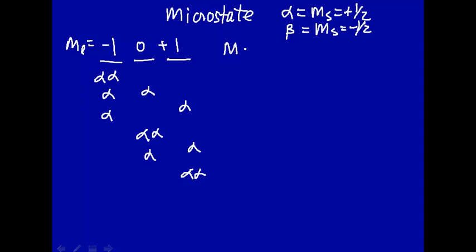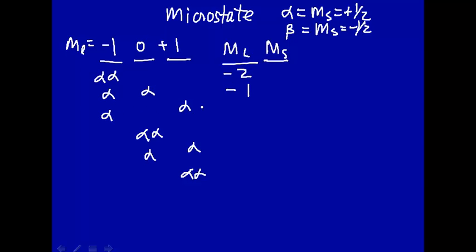And let's figure out big M sub L and big M sub S for each one of these combinations, what the possible values of M sub L and M sub S are. Well, here they're both minus 1, so M sub L here is minus 2. Here, one is minus 1 and the other is 0, so M sub L here is minus 1.